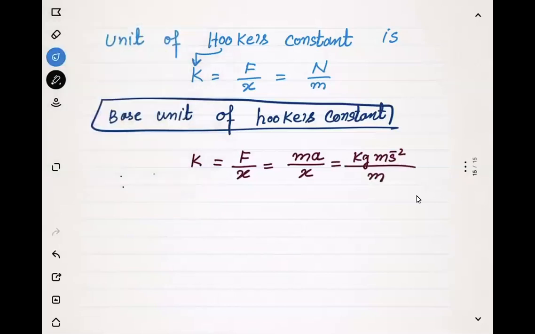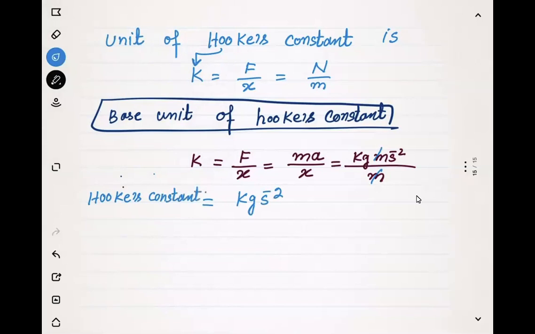So this meter will be cancelled with meter. And finally, what you get is kilogram second minus 2. It is the base unit of Hooke's constant.